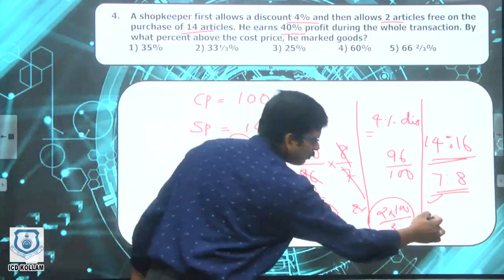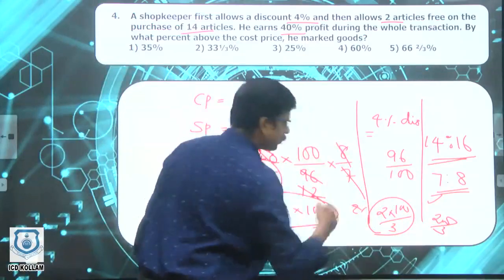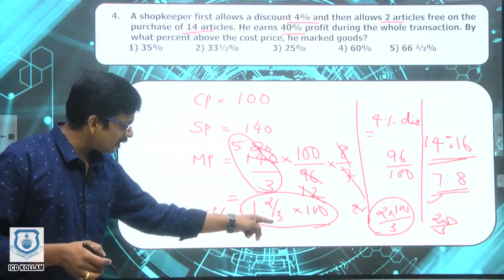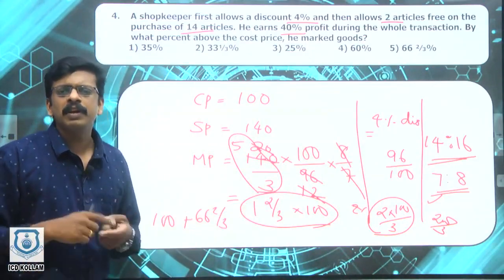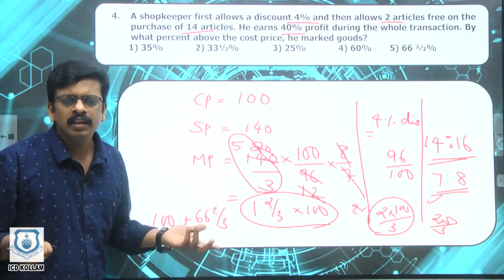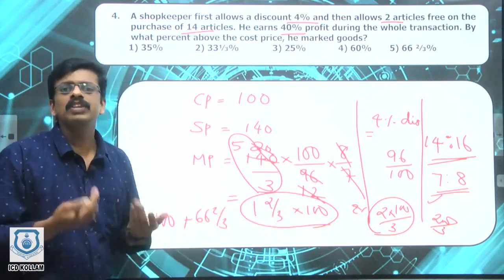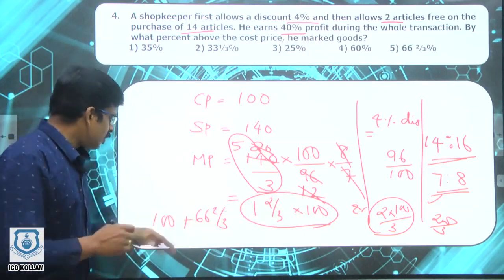So you can take it by dividing 200 with 3. That much time is not needed, because we can easily say 1 by 3 is 33 1 by 3, and 2 by 3 is 66 2 by 3 when we multiply it with 100. That is its percentage value. So this is going to be our answer.